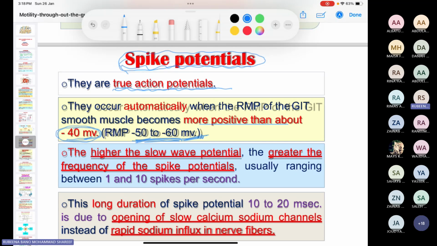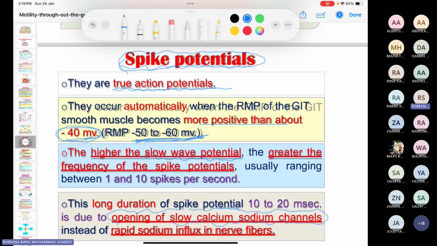The second important thing regarding spike potentials is that the higher the slow wave potential, the greater the frequency of spike potentials, usually ranging from 1 to 10 spikes per second. And this is important: it is due to slow calcium sodium channels, not just sodium.